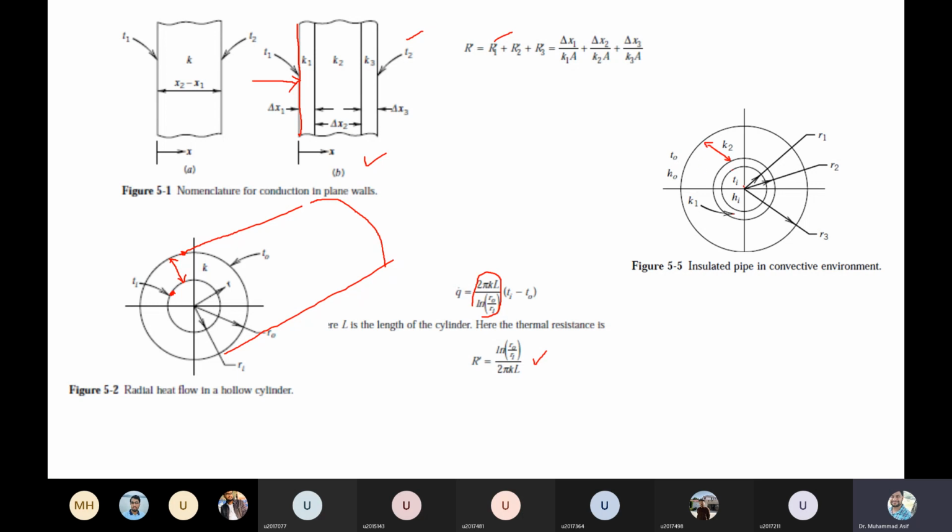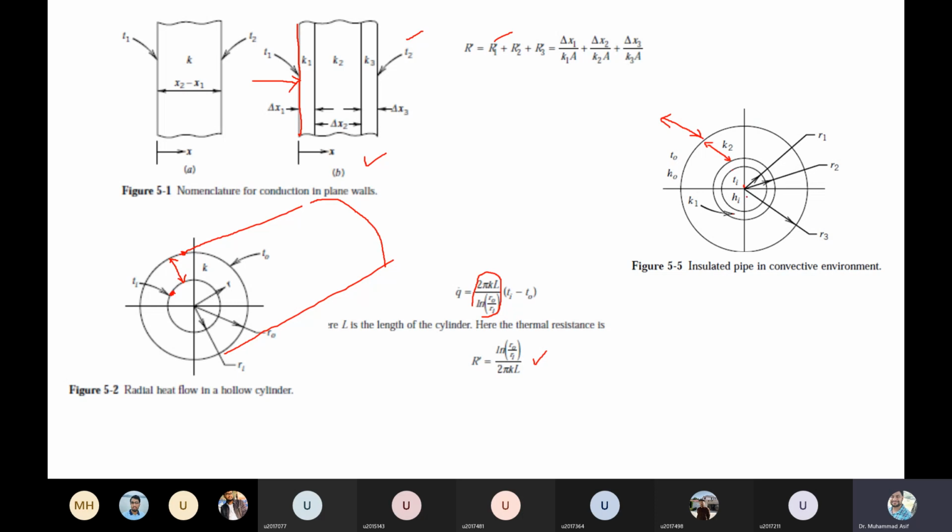There is also a resistance because of the flow of the fluid inside, which we call the convective heat transfer resistance, and similarly there is the outer resistance as well. This H naught represents the convective heat transfer coefficient from outside because of T naught. Similarly, HI is the convective heat transfer coefficient inside the pipe.